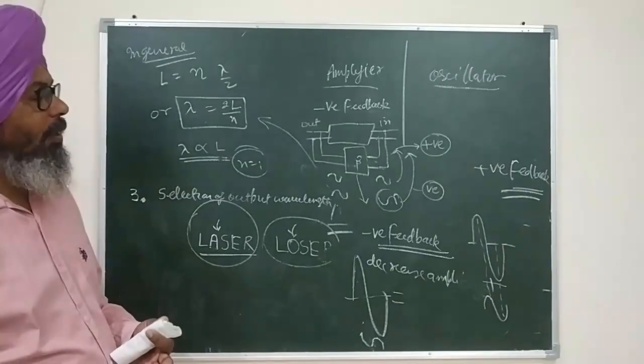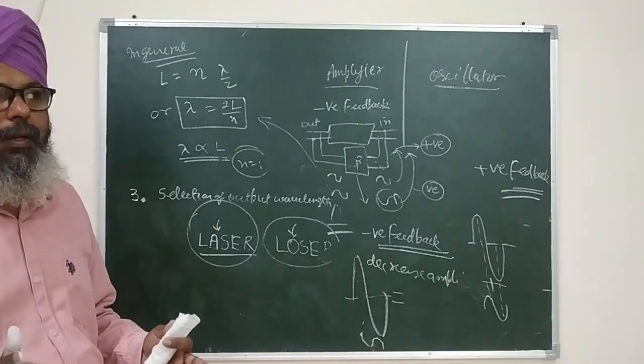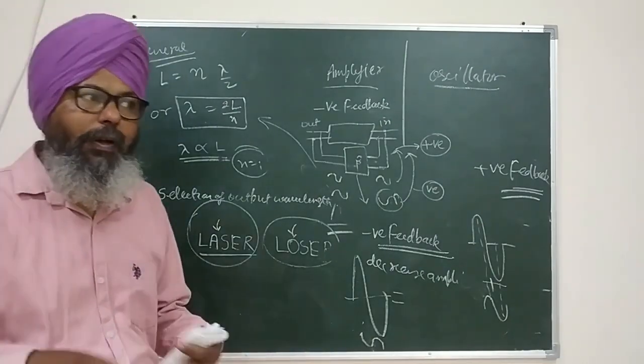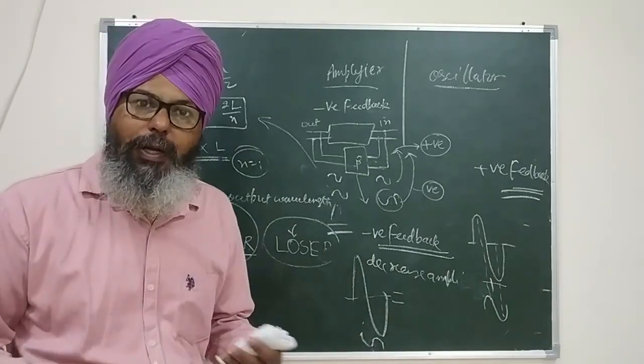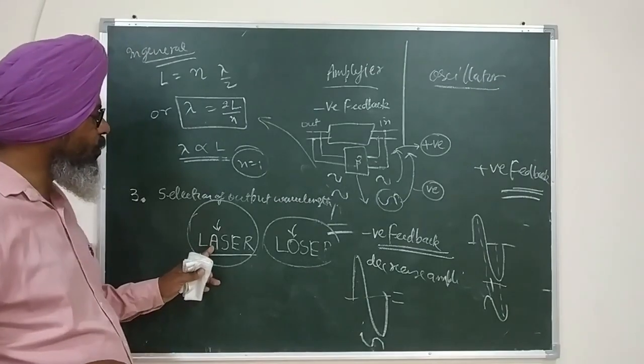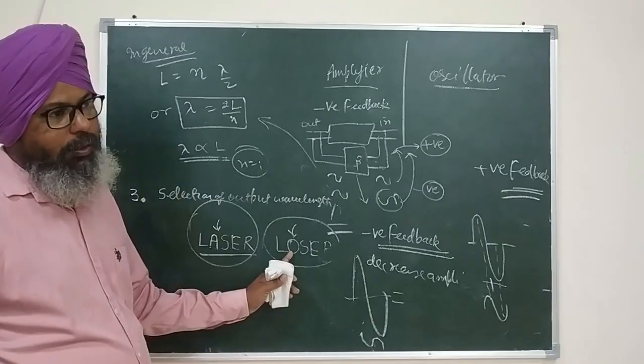So according to that terminology, the optical resonator is, rather than an amplifier, more of an oscillator. So in this acronym, the A should actually be replaced by O. Now these are the two answers.